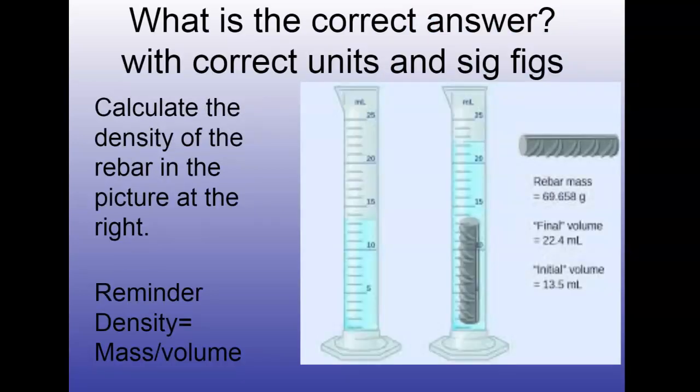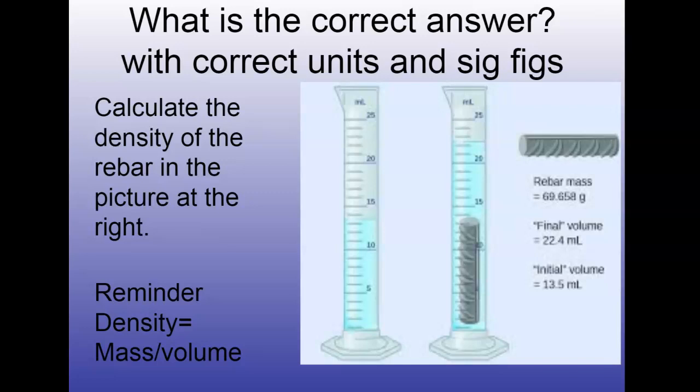Okay, so let's see if we can figure this out. In the chat, please tell me what is the correct answer for the density of the rebar in this picture. It might be a little bit hard to read, so you can see that the rebar mass is 69.658 grams. The final volume is reported as 22.4 milliliters, and the initial volume is reported as 13.5 milliliters.